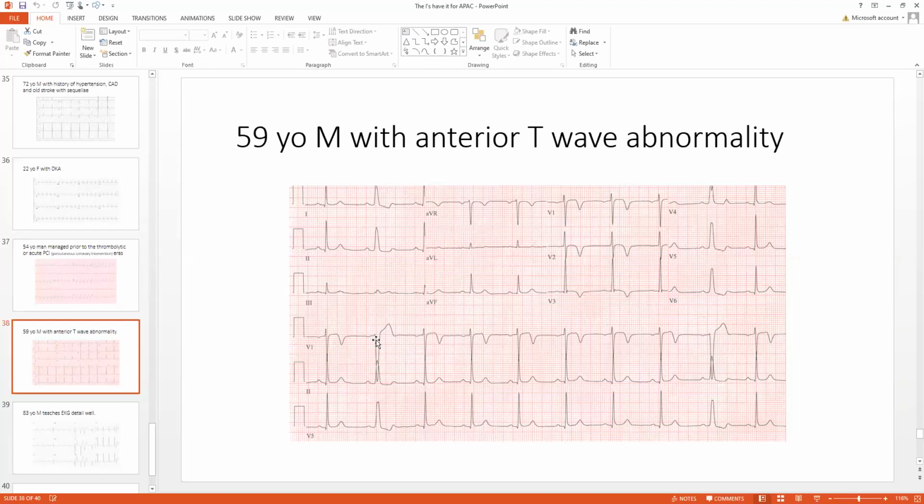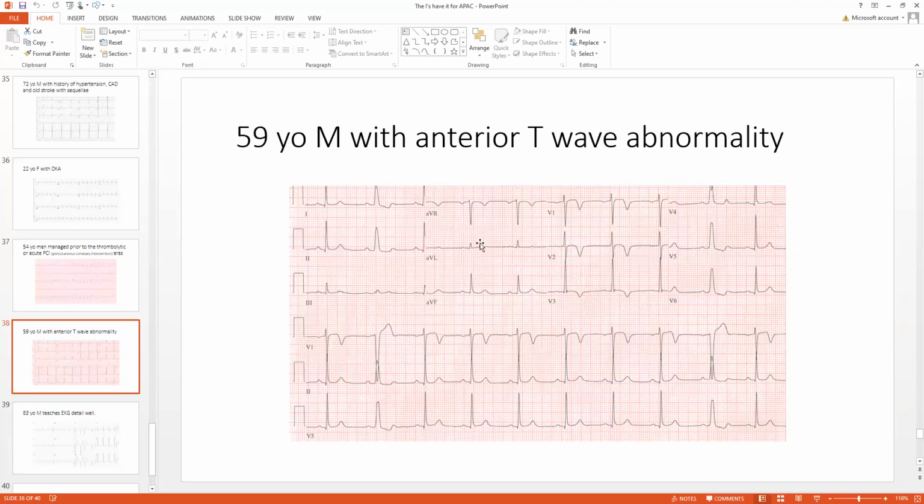You can see it best here. It's not in this beat or this beat, but in all the others, the T's are really impressively different. That's not ischemic. That's just T wave memory, and you should recognize it and not react as if it needs to take the patient to the cath lab or anything like that.